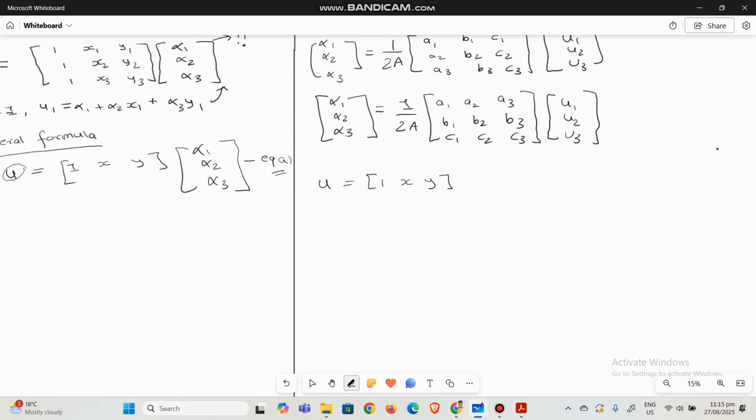And instead of alpha 1, alpha 2, and alpha 3, we are going to substitute this value. It's not so difficult. So 1 over 2a, and simply a1, a2, a3, b1, b2, b3, c1, c2, c3 times u1, u2, and u3.